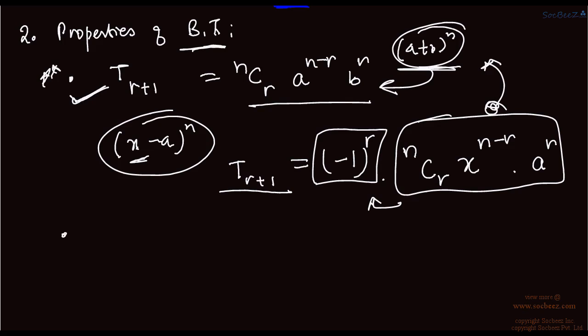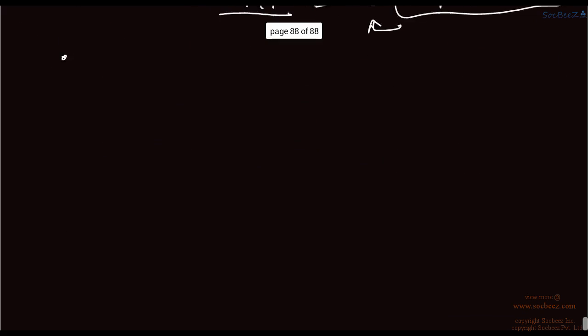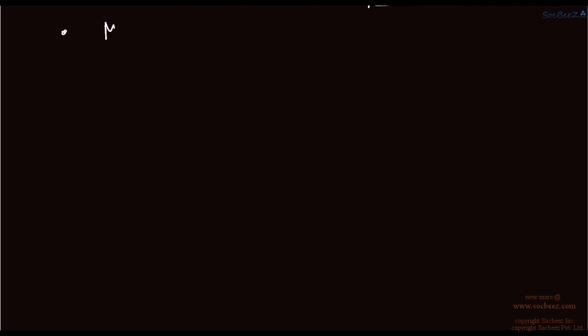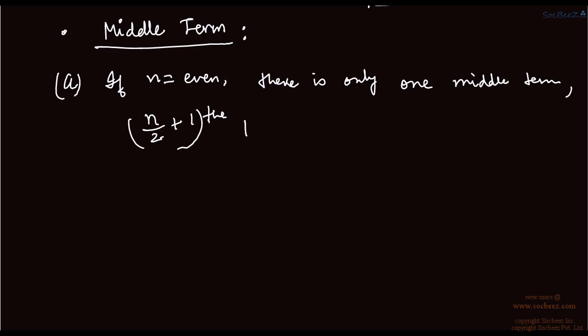Then you have the second property, the middle term. First, if n is even, then there is only one middle term, which will be the (n/2 + 1)th term.